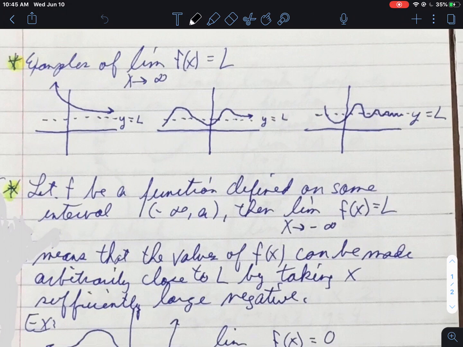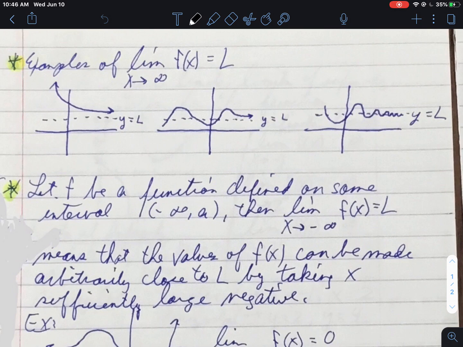Graphical examples, right? So these limits at infinity, or limits as x approaches infinity of f of x being equal to a constant. And you can get some different things graphically that happen with these functions, because remember, we said this is looking at the end behavior of a function. It's not about the entire function, it's only what's happening as those x values get larger, whether they're positive or negative.